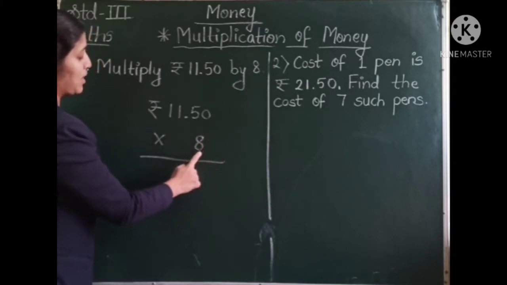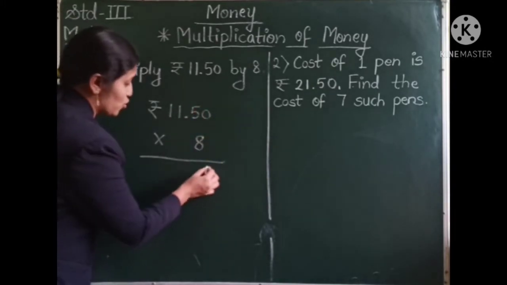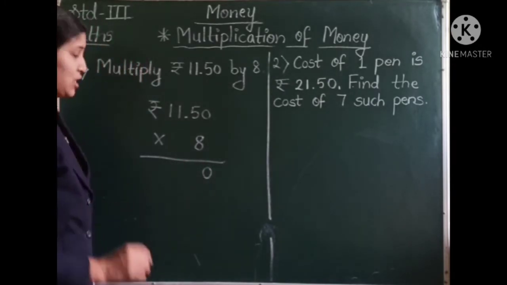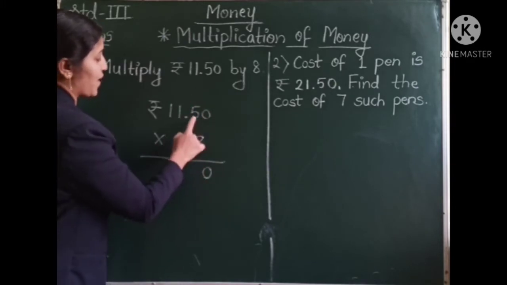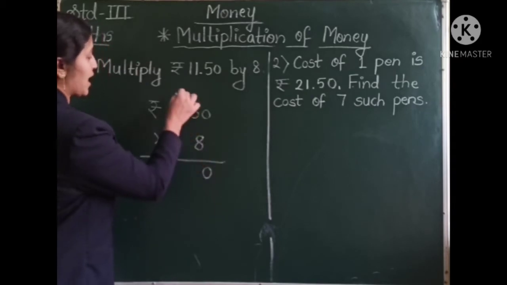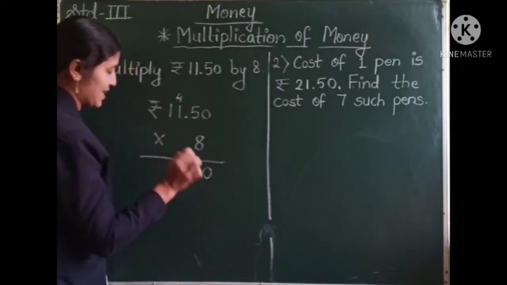So first I will multiply 8 with 0. 8 into 0 is 0. So when you multiply 0 with any number, the answer is always 0. Next is 8 multiplied by 5. 8 5s are 40. So I will not write 40 over here. I will carry forward 4 here and 0 will be written as it is.